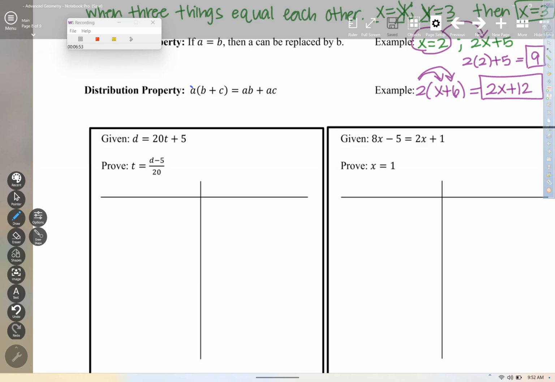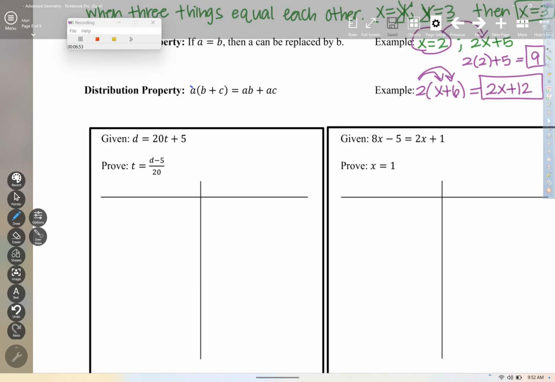Okay? If I am solving for t, the very first step I need to do is subtract 5, right? So my step 2 would be d minus 5 is equal to 20t. And the question you have to ask yourself is, what did you just do?